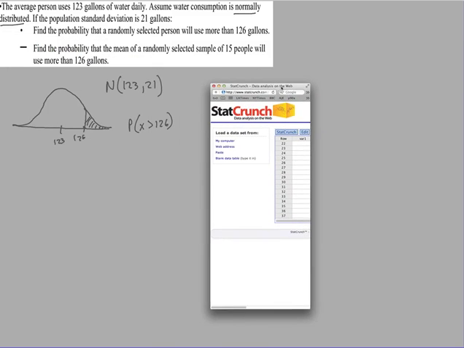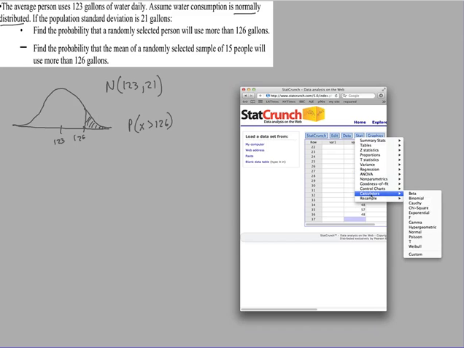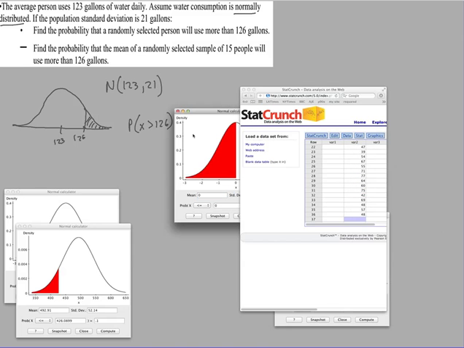So I didn't take a sample, I'm just looking at one person, and it's a more than, so I'm looking for this. Okay, so this is the probability that any x will be greater than 126. So I pull out my StatCrunch. Let's go stat, calculators, normal.